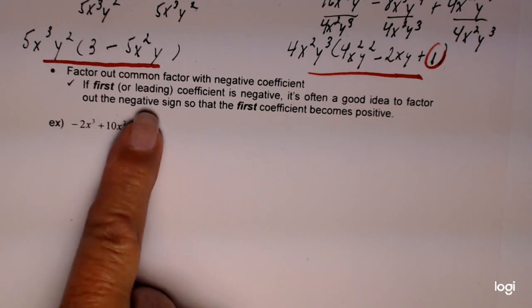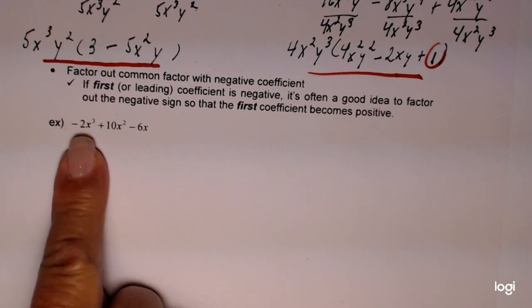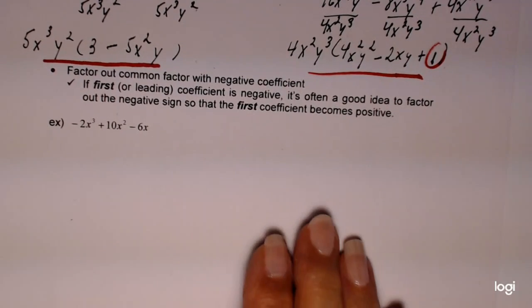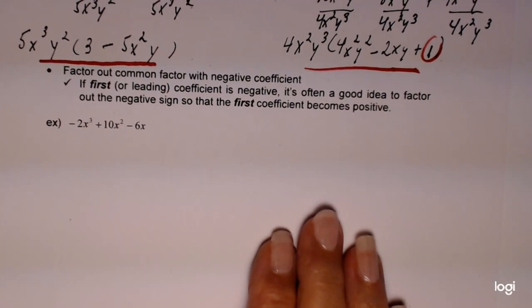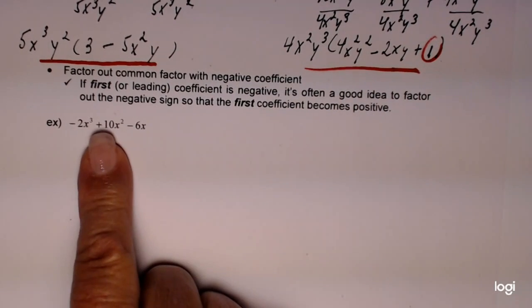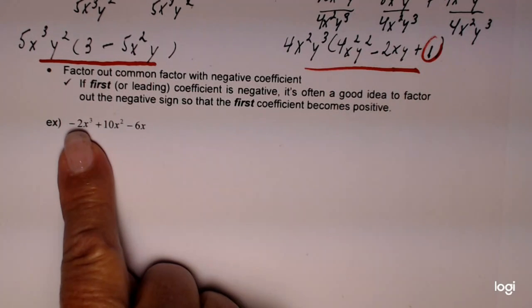In other words, if the leading coefficient is negative, it's very often a good idea that you factor out that negative sign so that you're left with a polynomial that is then starting with a positive coefficient, especially if you have to do further factoring. It's much easier to factor when you do not have a negative here, when this is positive.